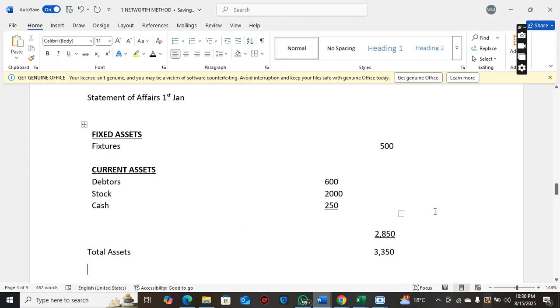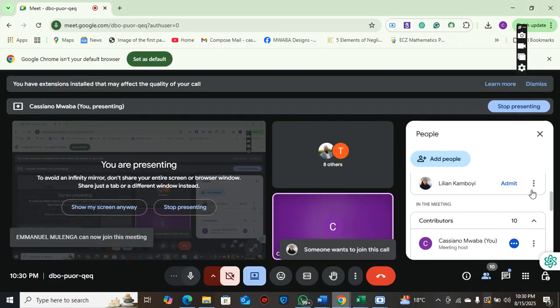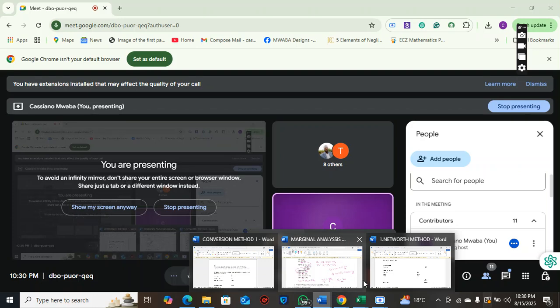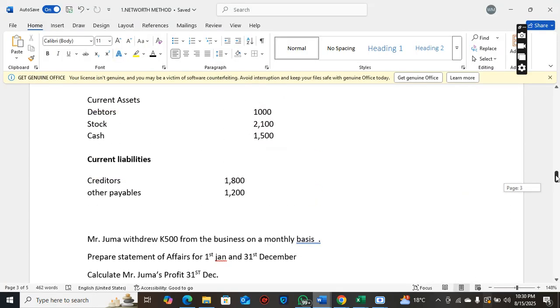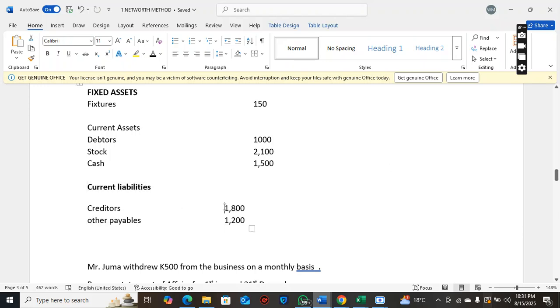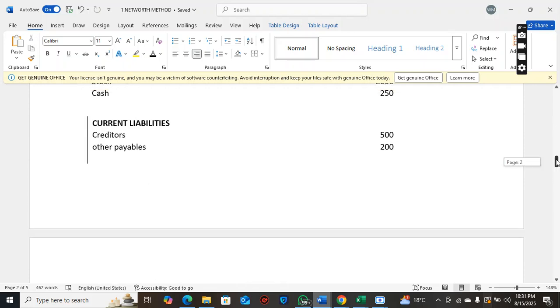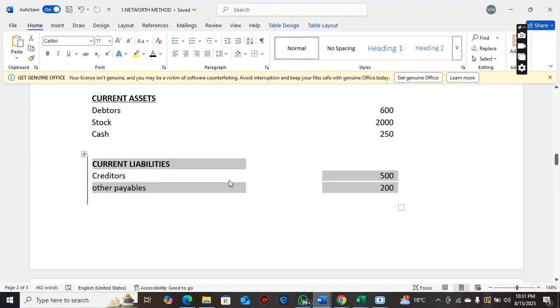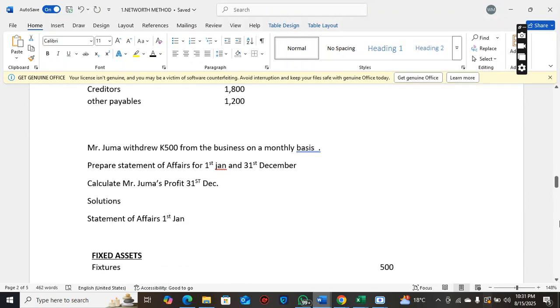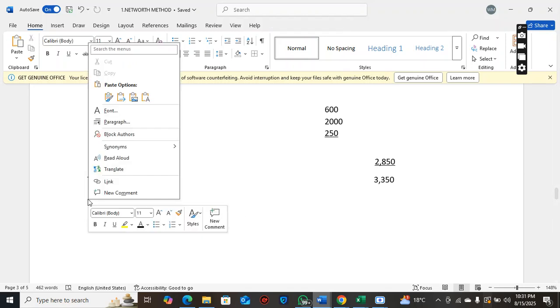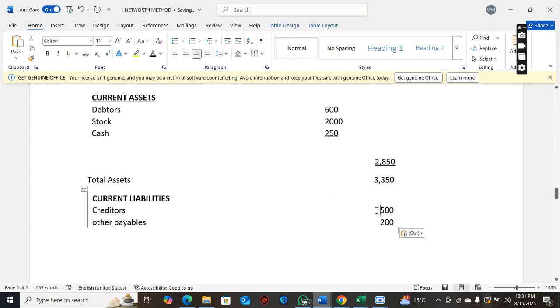And now we come to our liabilities. Our liabilities, 500 plus 200.